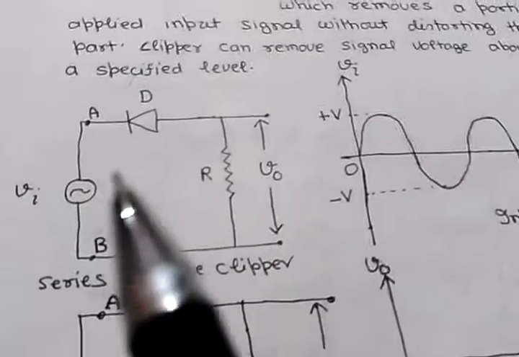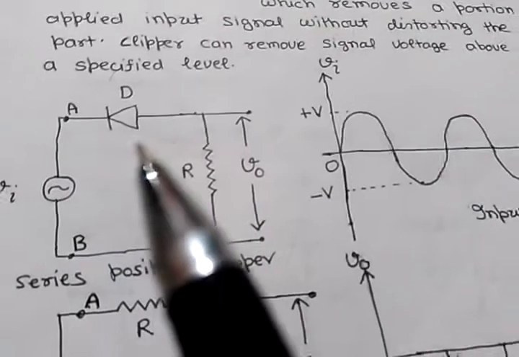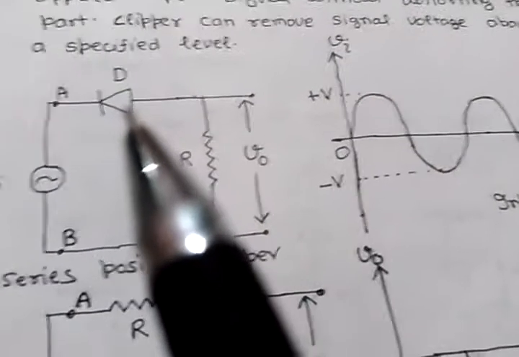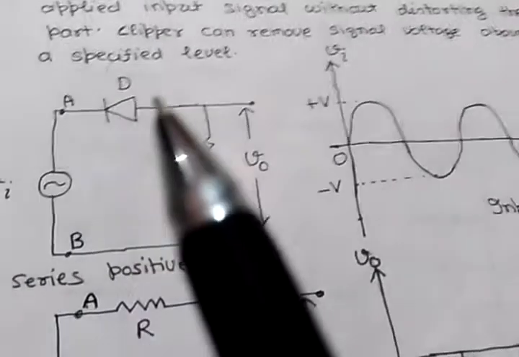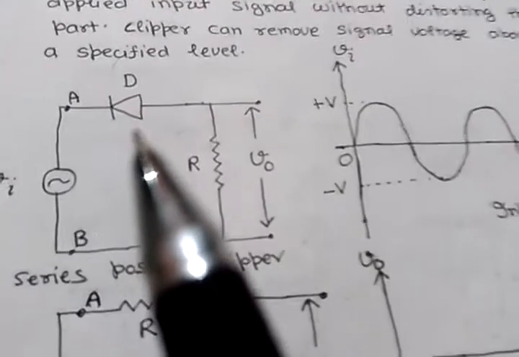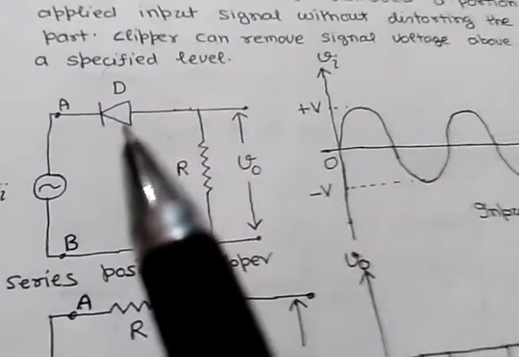So in this case, the diode will be reverse biased, and we already know a reverse biased diode is considered as an open circuit, if the diode is ideal. We will assume in the clipper circuit the diode is an ideal diode.